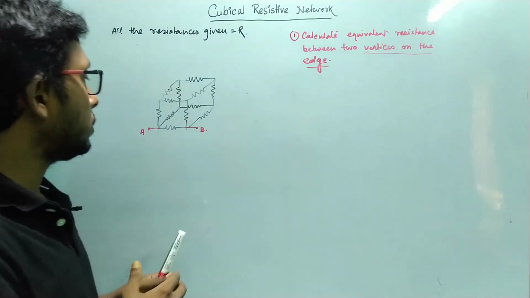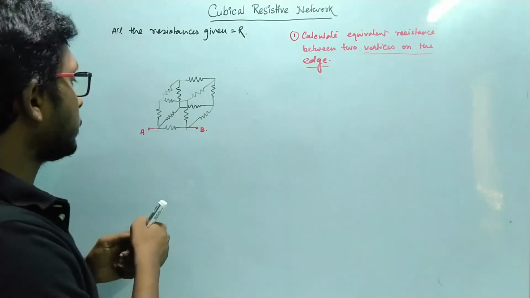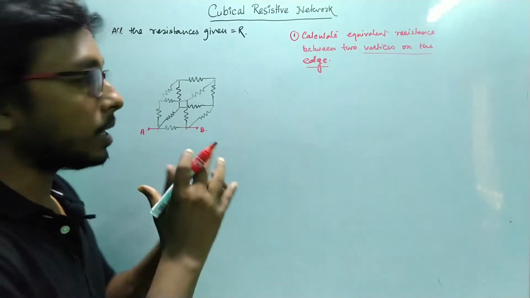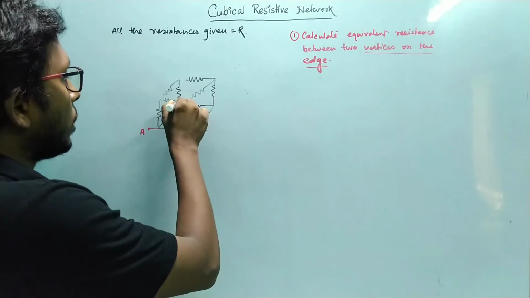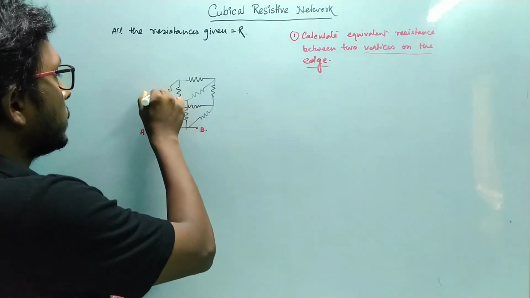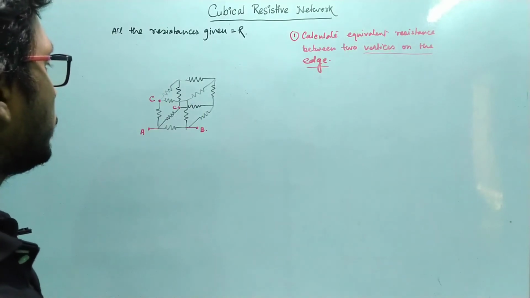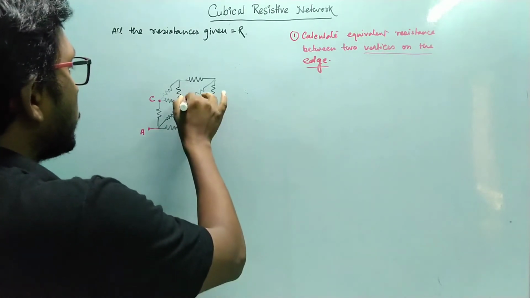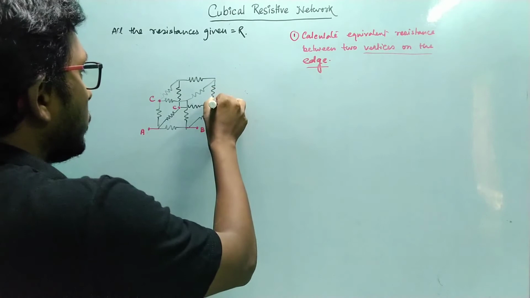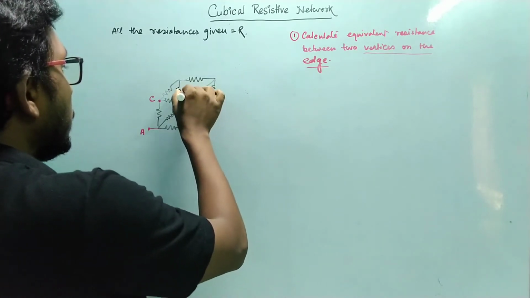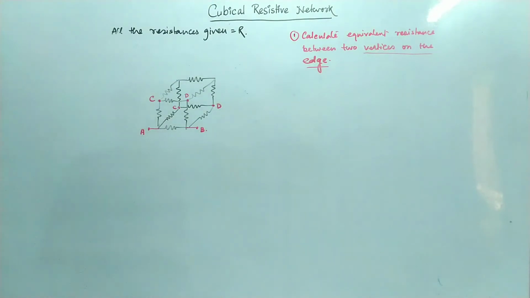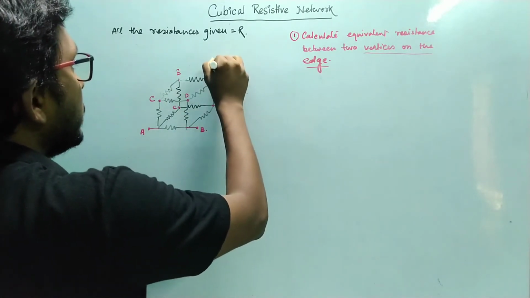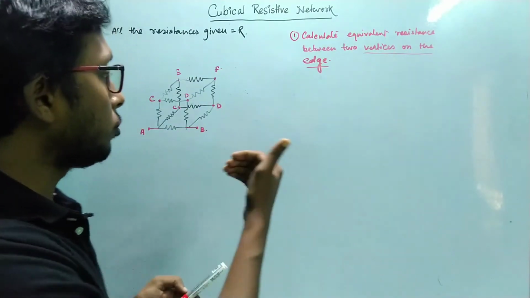Now see one thing: this resistance and this resistance are symmetrically derived from A. So I am naming this point as C and this point also as C. From B, this point and this point are symmetrically arranged, so I am naming them D. I am naming this point as E and this point as F. Let's start to draw the equivalent circuit.